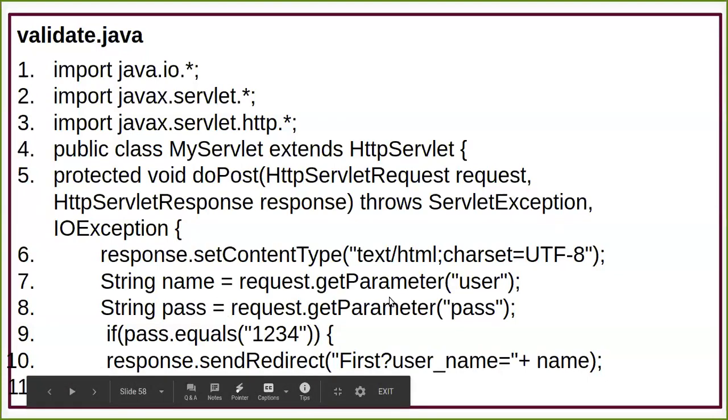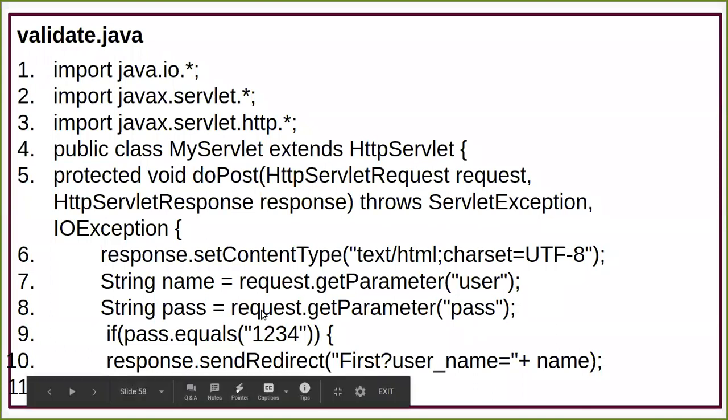Simply we'll have one condition over here: what if the value of pass, that is your password, which I am fetching from the text field, is equal to 1234. Okay, so here I am mentioning that the username can be anything. Whatever the user is giving, whether abc or xyz, it's okay.